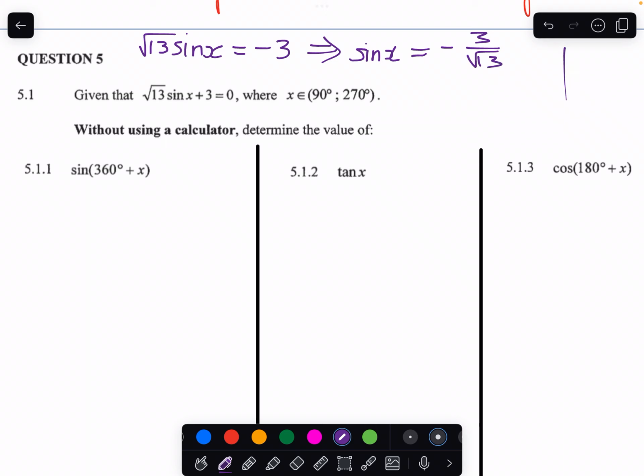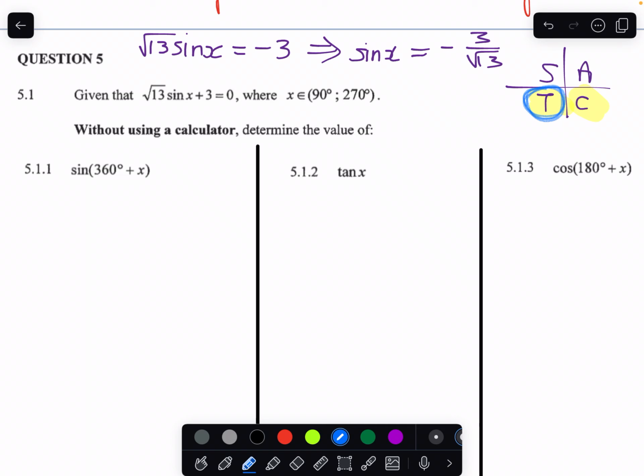So ordinarily, that would tell us that x lies either in this quadrant or this quadrant, right? That's where sine is negative. But because we've been told that x is in the second or third quadrant, then actually x is in this quadrant. It is in the third quadrant, it's between 180 and 270.